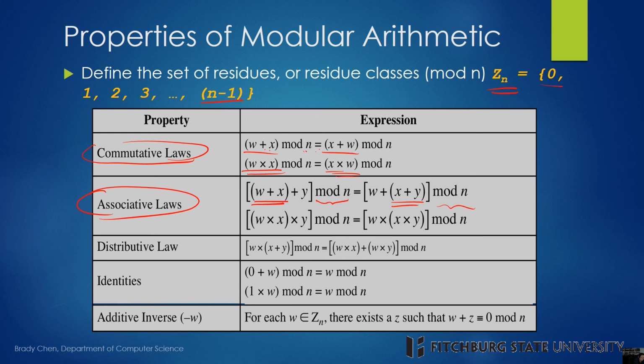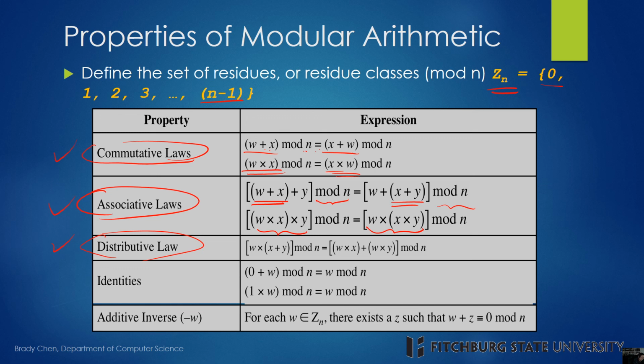Same thing for multiplication. It doesn't matter which order we perform it in. We can multiply w and x first, or x and y first. Doesn't make any difference. This is also generally true for operations without mod n. Now, here's the distributive law, which is also true. w times the quantity x plus y is the same as w times x plus w times y.